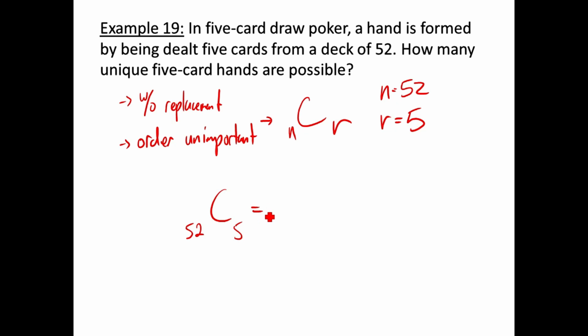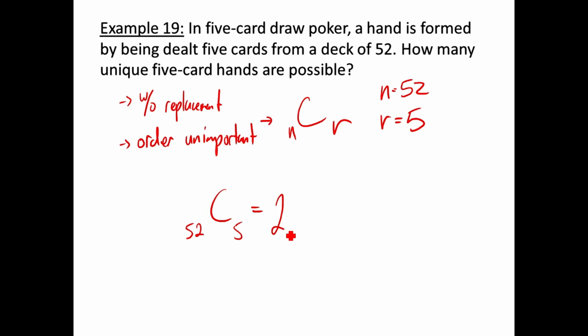And you can plug that in your calculator. What do you get for that? 2.6 million. Does yours just give you scientific notation? I just did 52 choose 5. Was there anything between the 2 and the 6? It's 2,598,960.